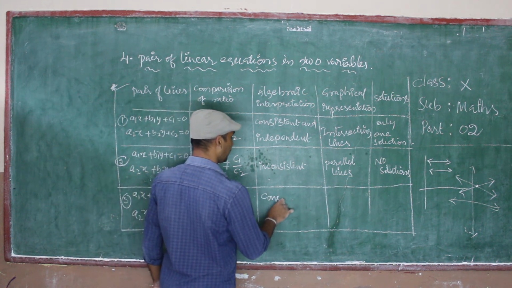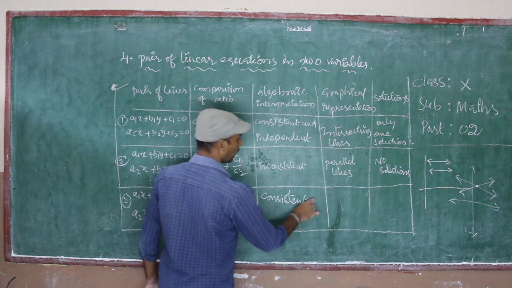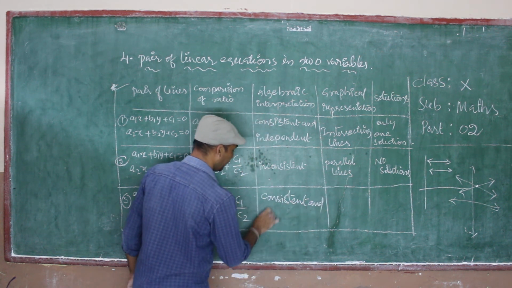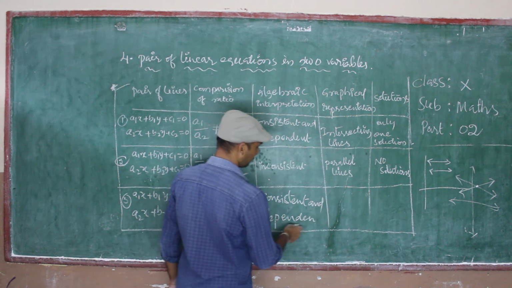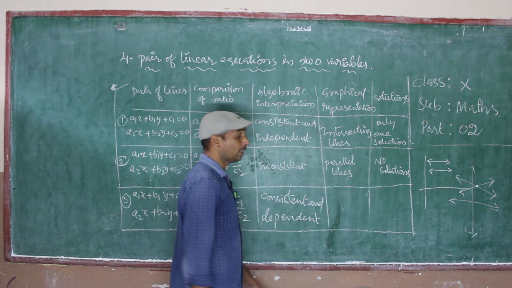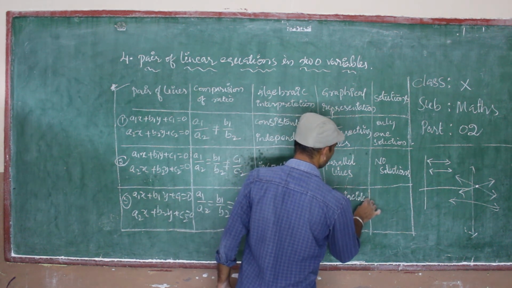Here consistent and dependent. Okay, children? Here coincident lines.